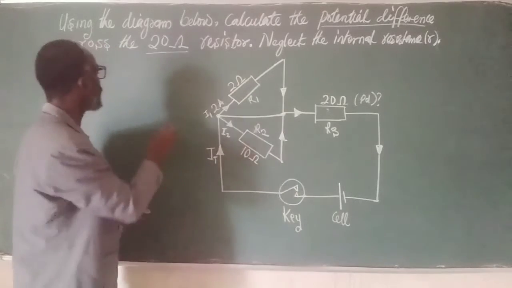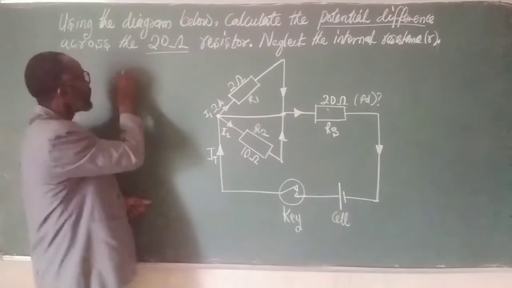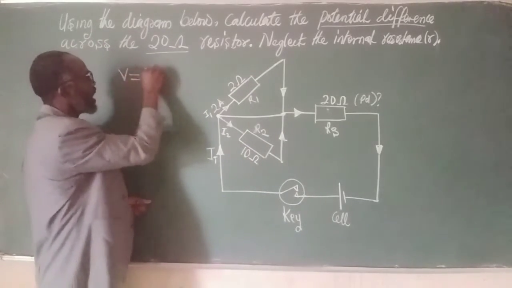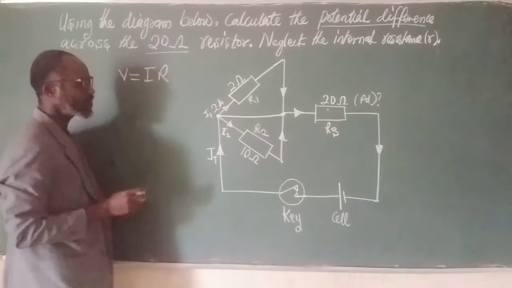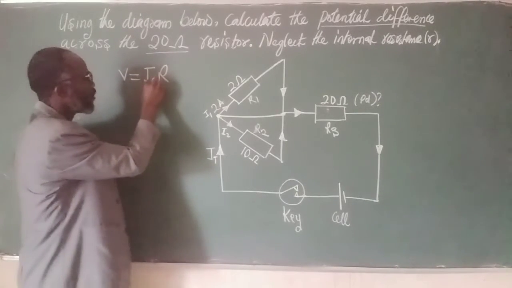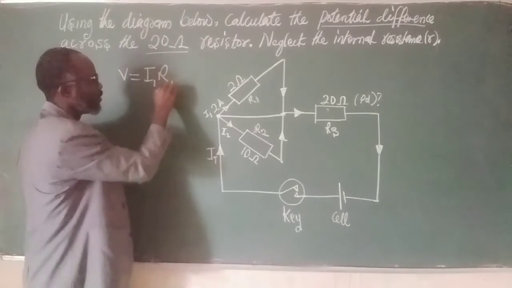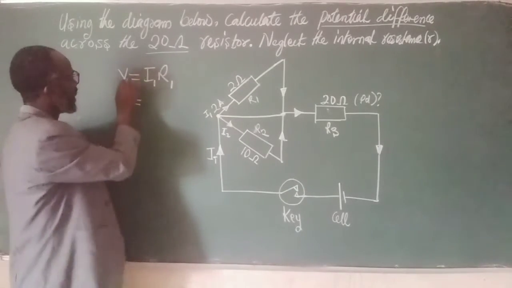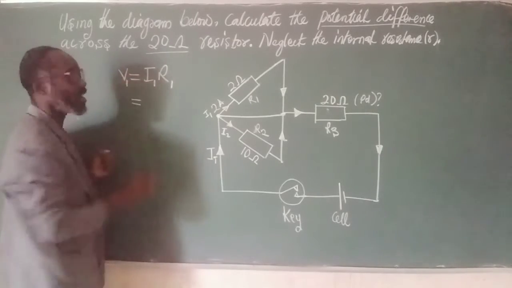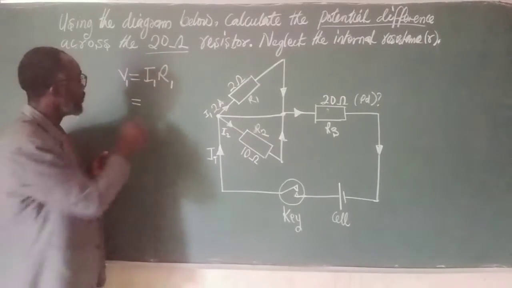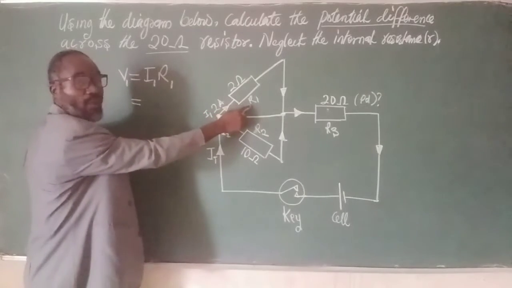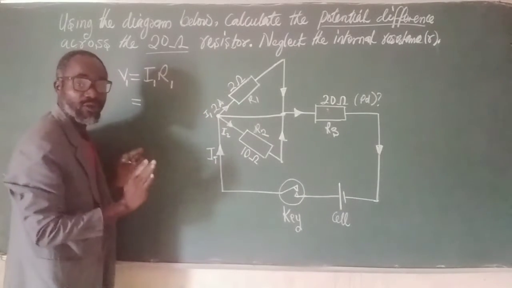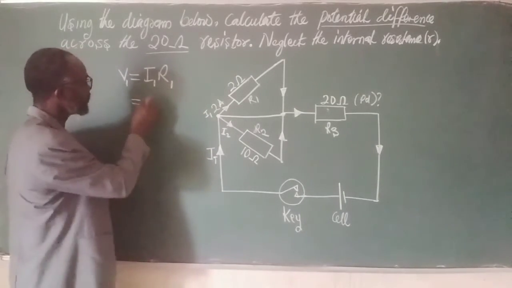So we quickly apply Ohm's law: V equals IR. This time it is I1 and R1. We are considering the potential difference across R1 first.